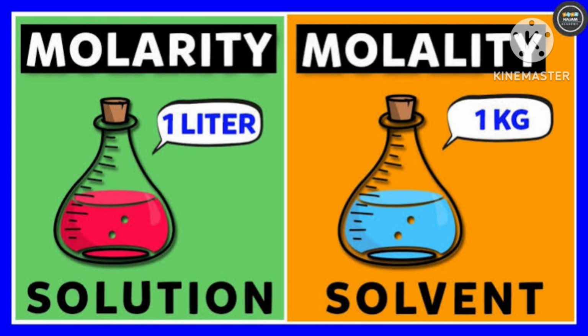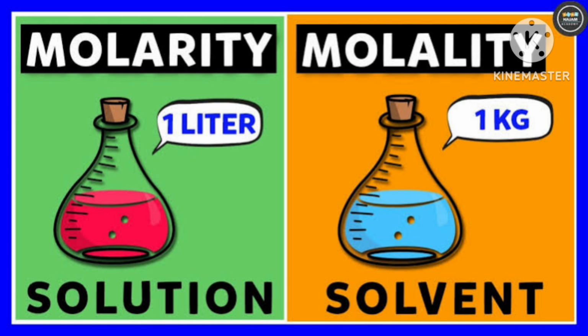It is very easy to understand. Number of moles present per liter of the given solution, number of moles per liter of the solution, that is called molarity. Number of moles is important. Per liter, 1000 ml: you have to finally convert into 1 liter.